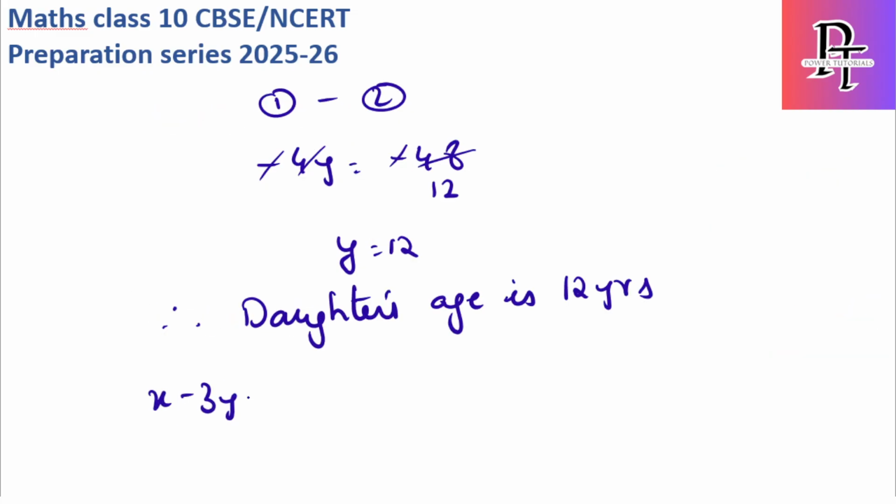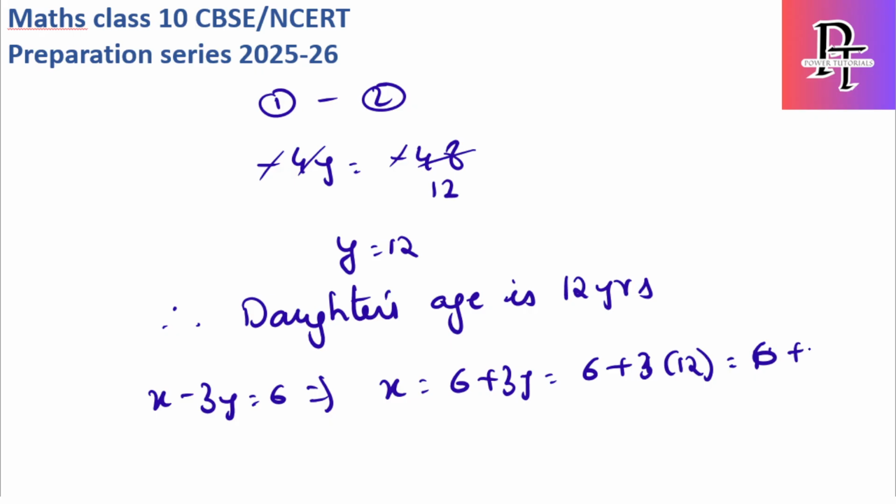So this implies x is equal to 6 plus 3y. So 6 plus 3 into y value, which is 12 because daughter's age is 12. 6 plus 36, so his answer is 42 years.